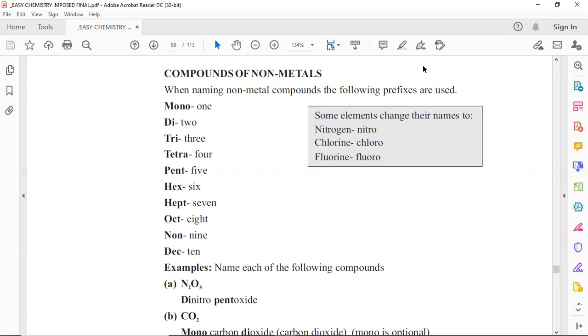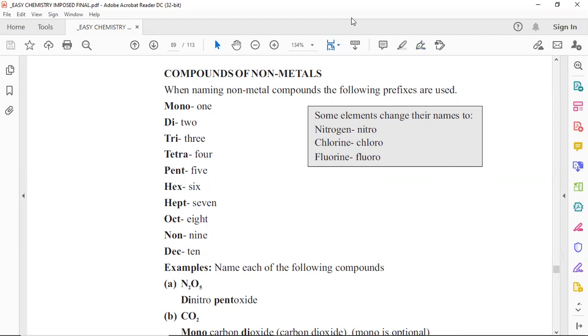We have come to the end of the language of chemistry series, so this happens to be our last episode in this particular series. We're going to look at chemical formulas that involve nonmetals.